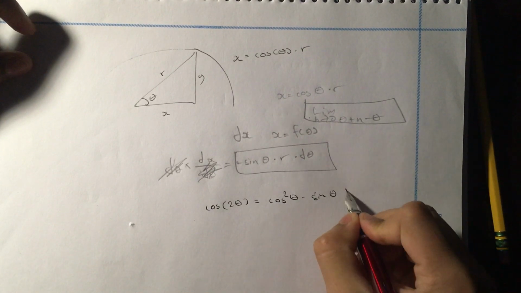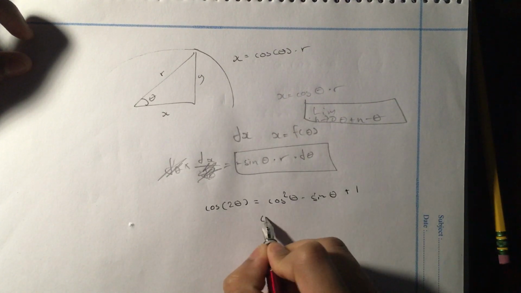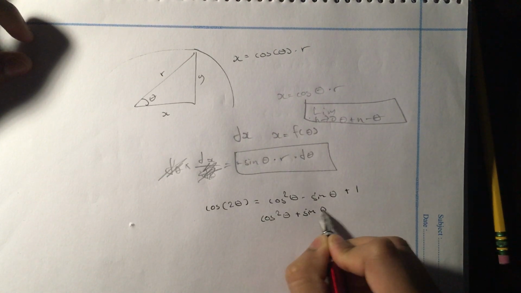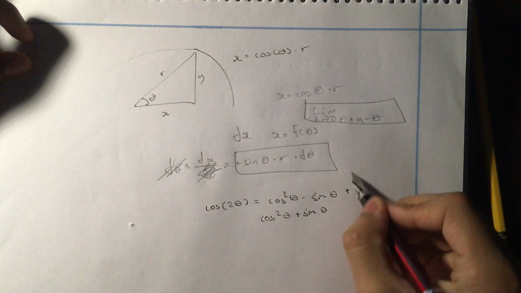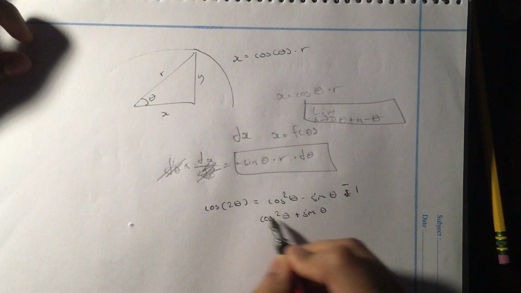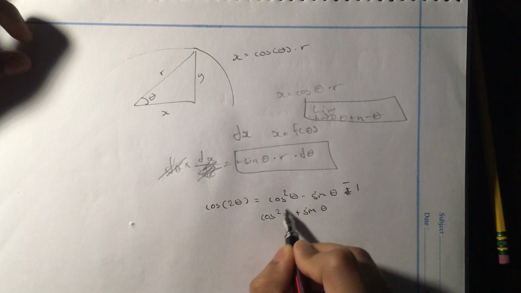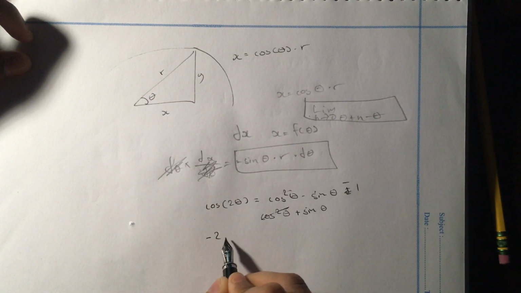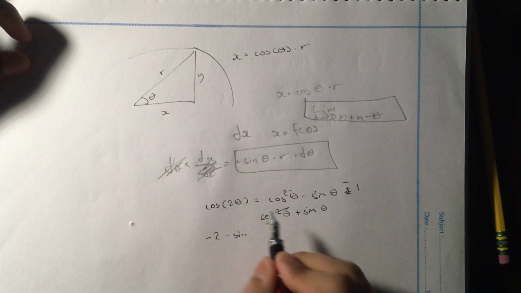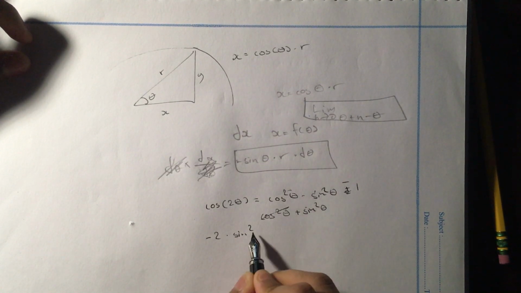So what we can do is add 1, which is just equal to cos squared theta plus sine squared theta. And actually, since we want to calculate sine squared theta, let's not add 1, let's subtract 1. So we're going to subtract it by this, which gives us, the coses cancel out, and now we have negative 2 times sine squared of theta.